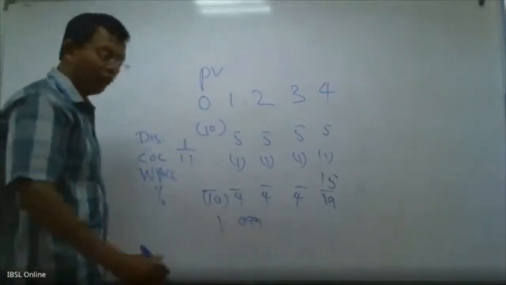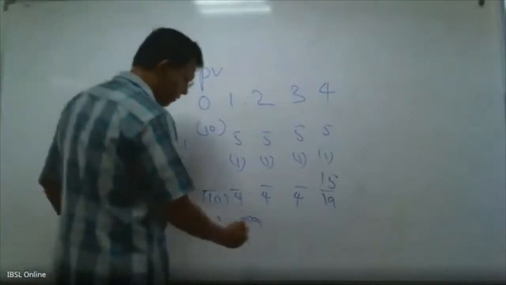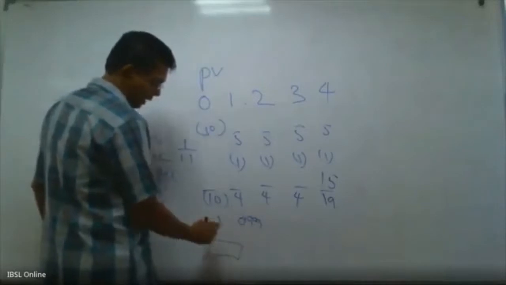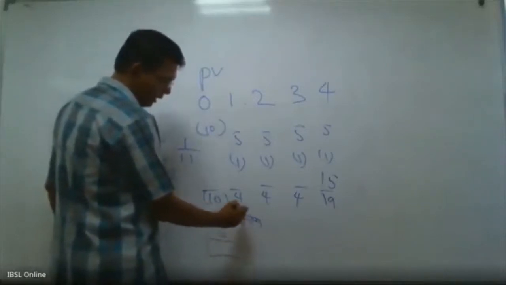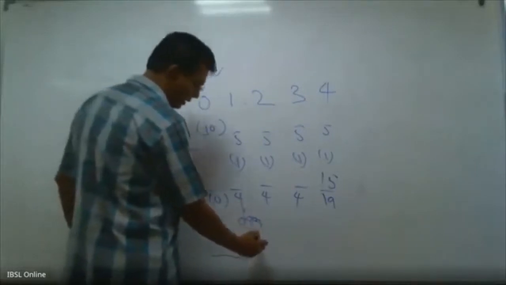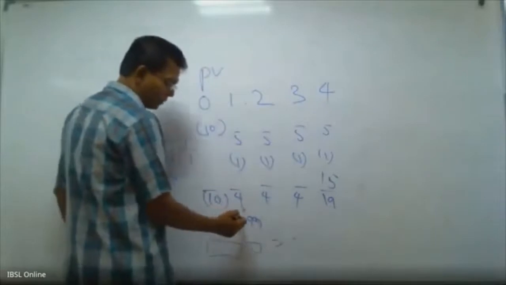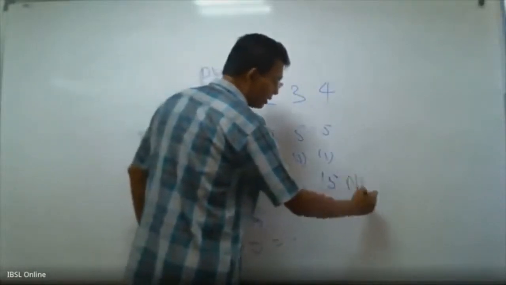Now say you have a figure here, 10 multiplied by 1 is 10. And 0.990, you have a figure here, something like that. So all these are present values. NPV means what?